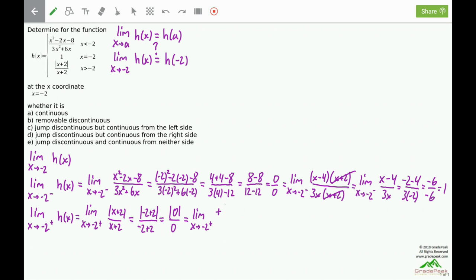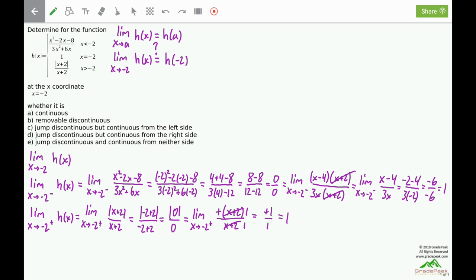The absolute value symbols will ensure that it remains positive by not changing it. So if we remove the absolute value symbols, we will have a positive outside of it. It's already positive. It stays positive. We have the 0 over 0 indeterminate form here. However, the x plus 2's can now cancel, leaving a positive 1 over a 1. And positive 1 over 1 is a 1.